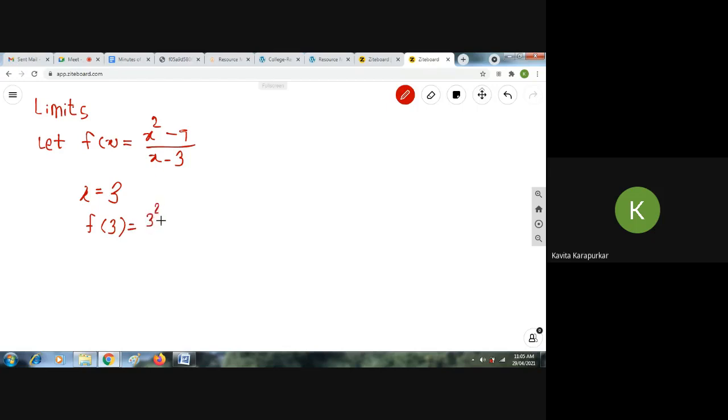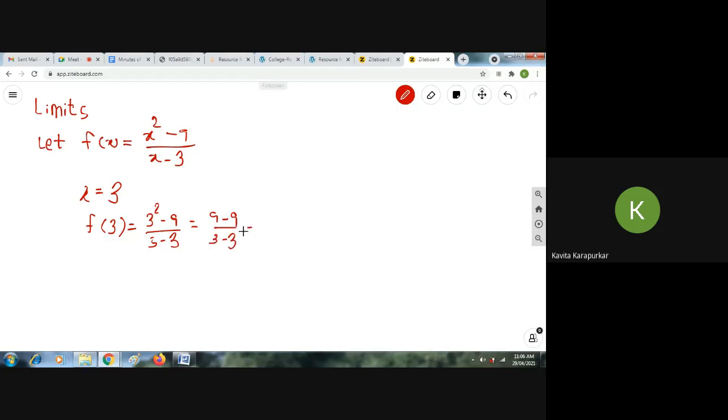3 square minus 9 upon 3 minus 3. So it is 3 square, 9, minus 9 upon 3 minus 3.